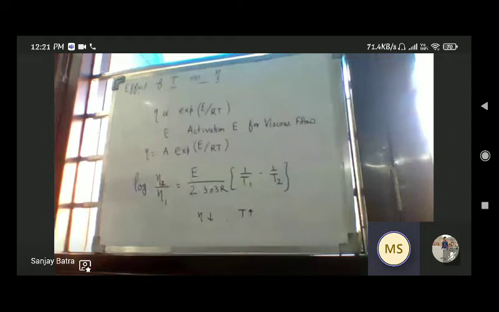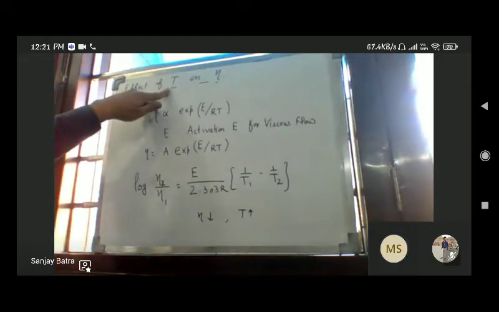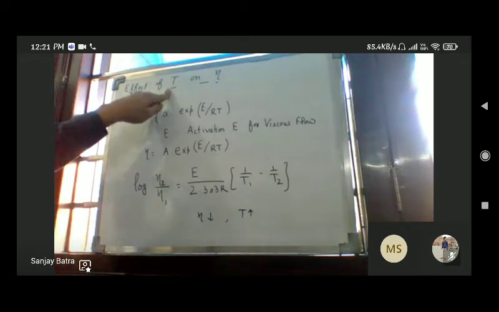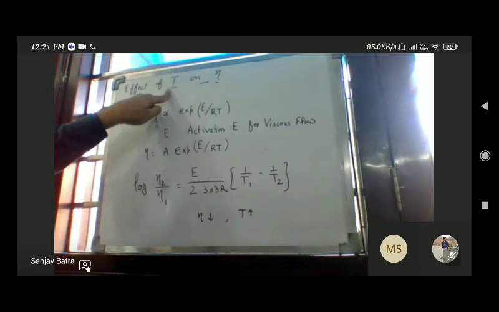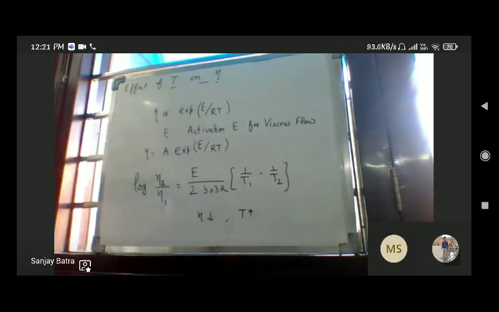Okay. So this is about effect of temperature. Normally we also say that for any liquid, viscosity decreases by 10% when temperature increases by 1 degree. ये normal बोल देते हैं, पर ऐसा हमेशा true होगा ऐसा नहीं है. But normally it is also seen that generally viscosity decreases by 10% per degree rise in temperature. ठीक है बच्चा?